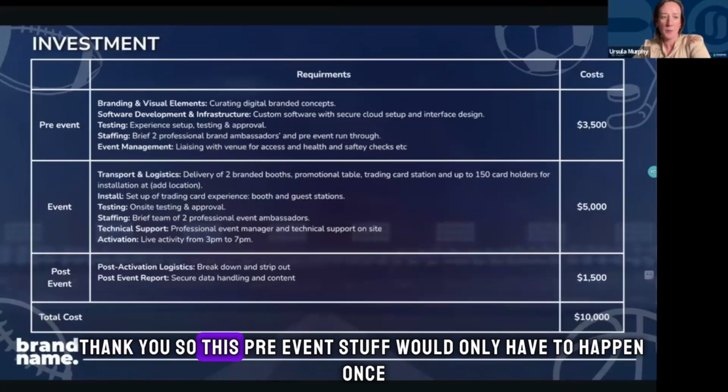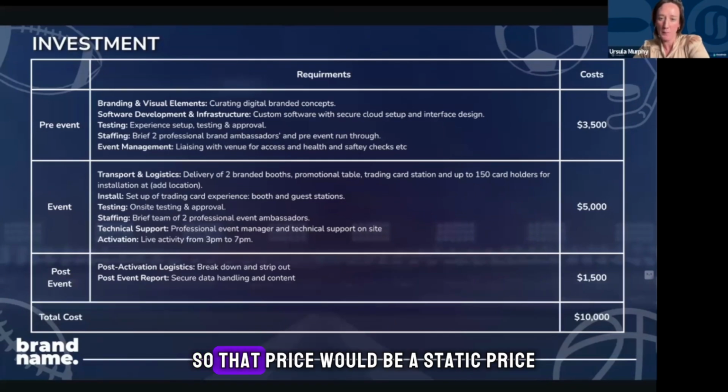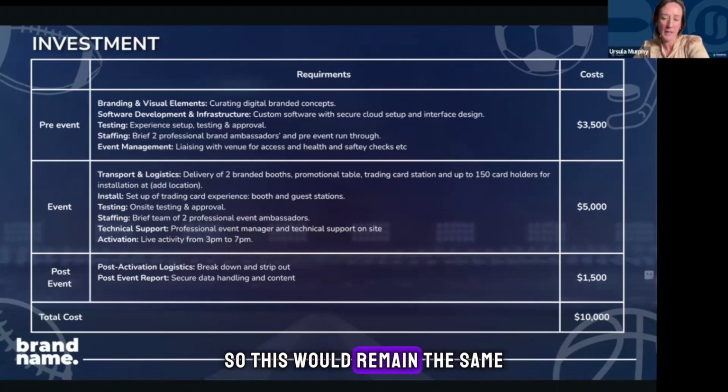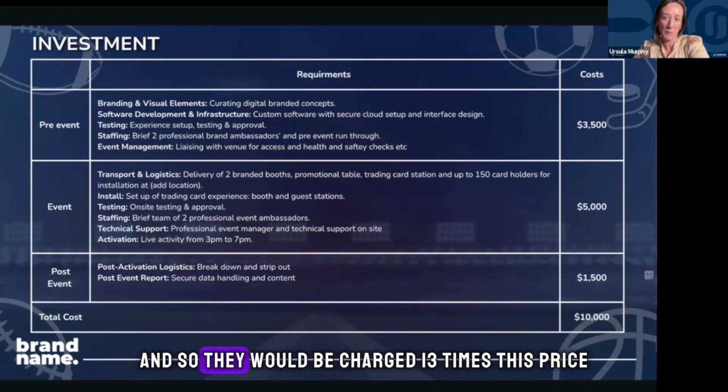So this pre-event stuff would only have to happen once, so that price would be a static price. But this event fee will happen for every event, so this would remain the same. And so they would be charged 13 times this price.